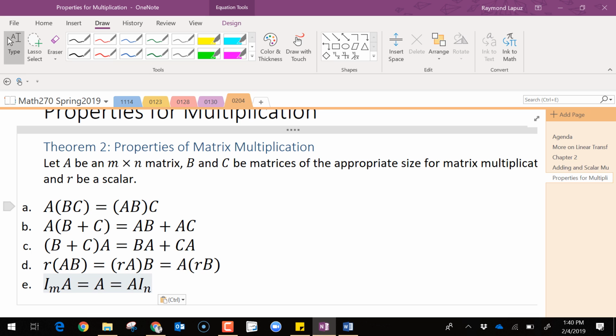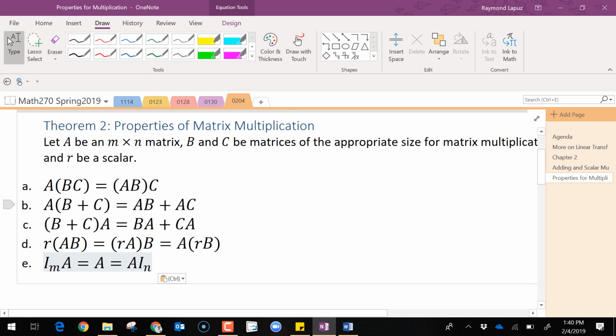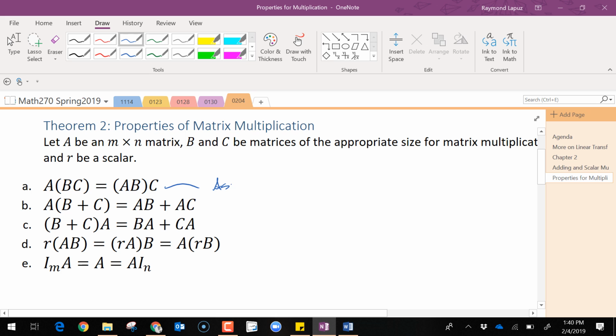The first one, property A, is the associative property, this time for multiplication. We had an associative property for addition, right? And this is now the associative property.